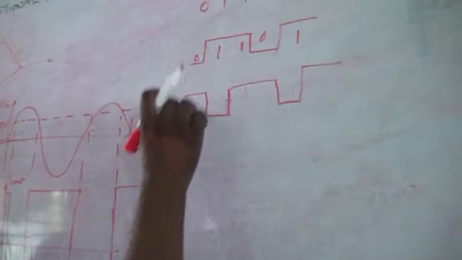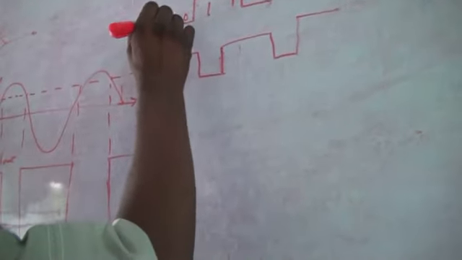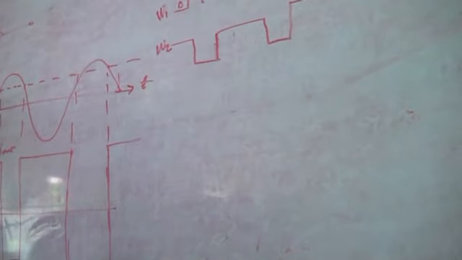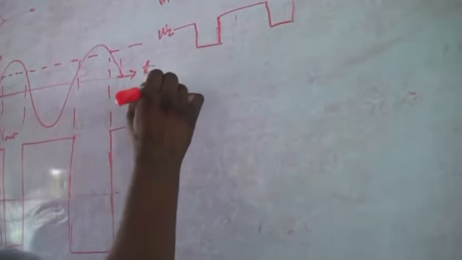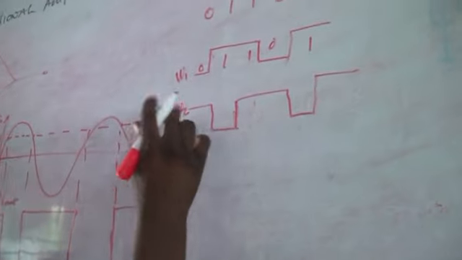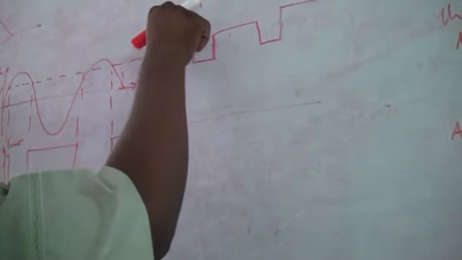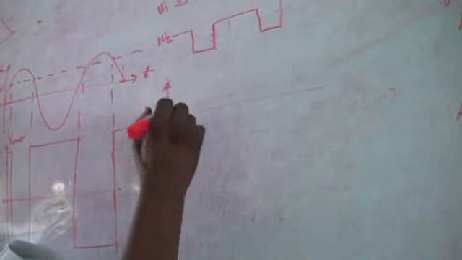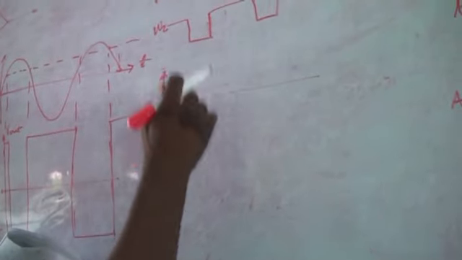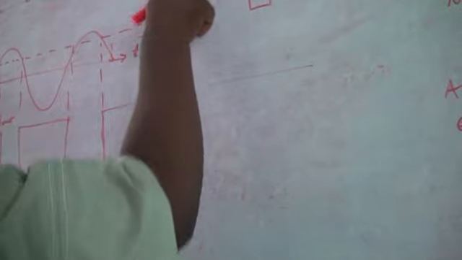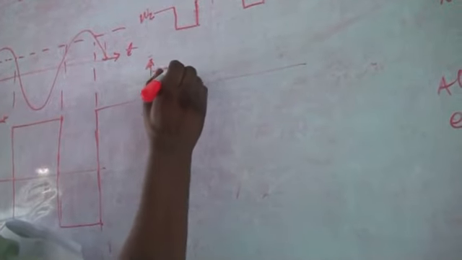In digital electronics, the output of this waveform, waveform 1 and waveform 2, if you want to draw the output waveform, you know what I'm going to have? This is 0 and 1. You are going to have a rise.